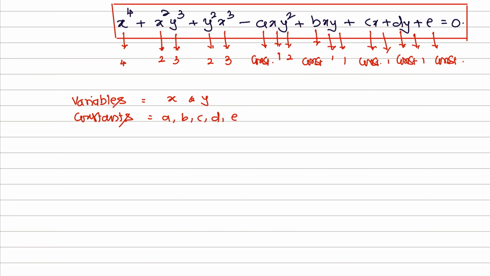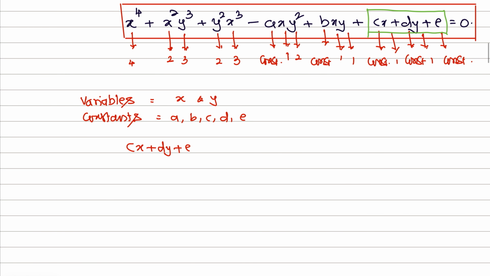Now, for example, if I take out only this portion, cx plus dy plus e is equal to 0.